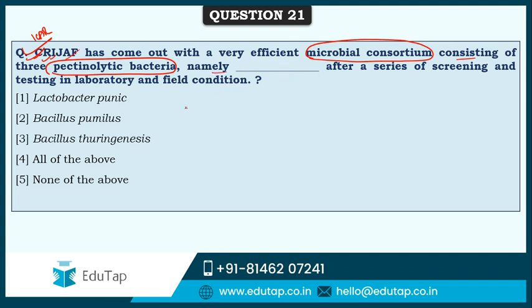What is the name of that microbial consortium or the microbiome? They have done this after a series of screening and testing in laboratory and field conditions. This generally decreases the retting period, which takes somewhere around 8 to 30 days, because of the microbial activity. This can be decreased.